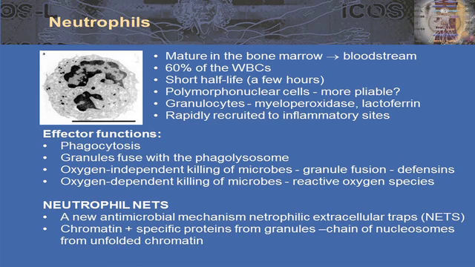An alarmin is a danger signal that has a danger-associated membrane pattern that can turn on the immune system. In certain diseases, such as ANCA-associated vasculitis, we now see myeloperoxidase within the neutrophilic nets. In rheumatoid arthritis, we now recognize that neutrophilic nets are enriched for citrullinated proteins.